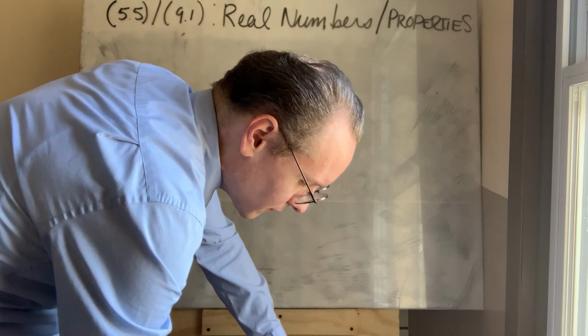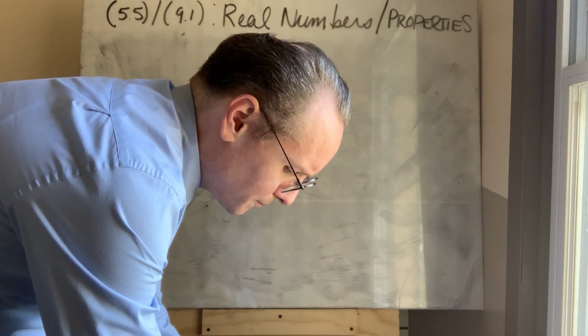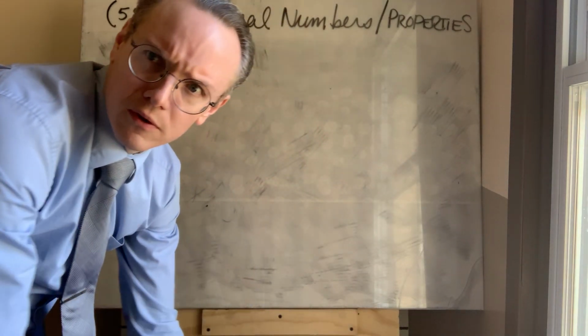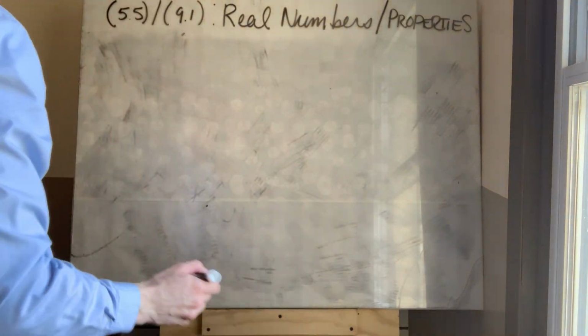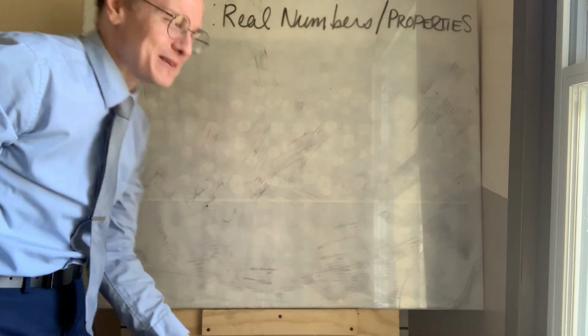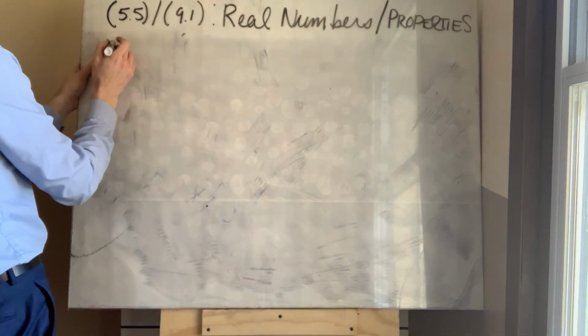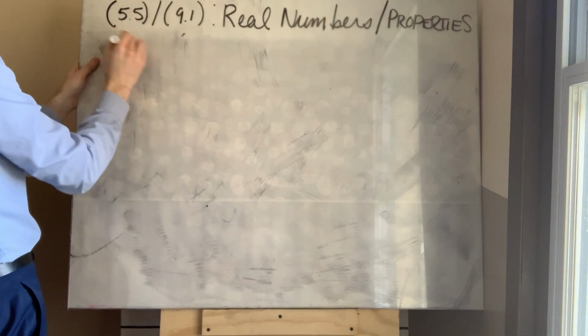Not right now. Okay, let's look at the distributive property. This is my favorite. If I had to say that I had a favorite property, it's the distributive property. Okay, here we go.